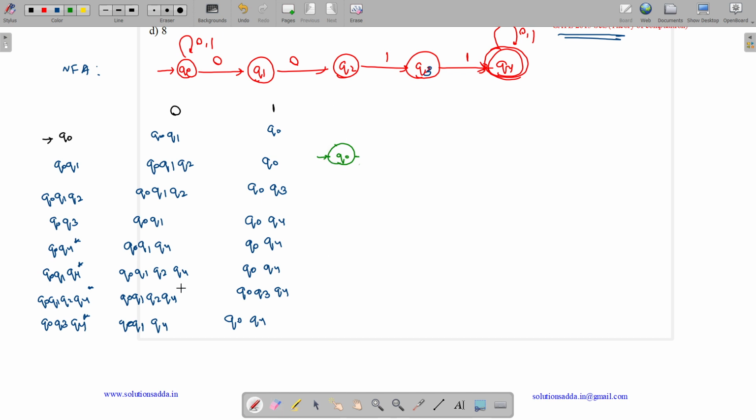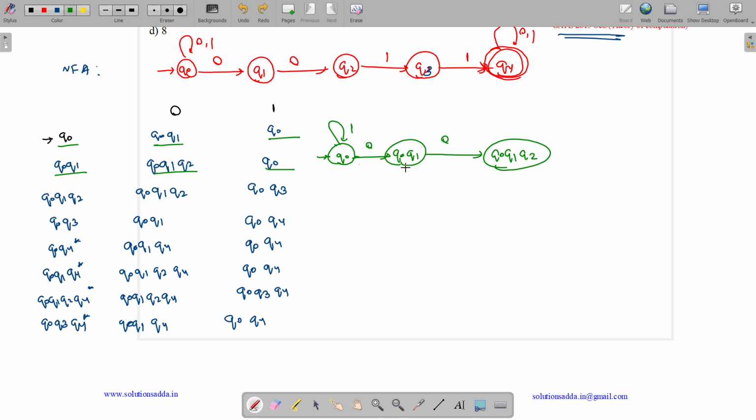See, Q0 on a 0 goes to Q0 Q1, and on a 1 it goes to Q0. Q0 Q1 on a 0 goes to Q0 Q1 Q2, and on a 1 it goes to Q0.